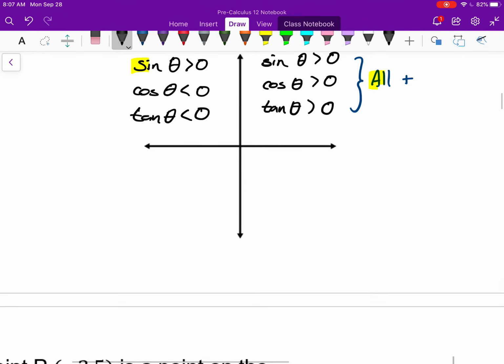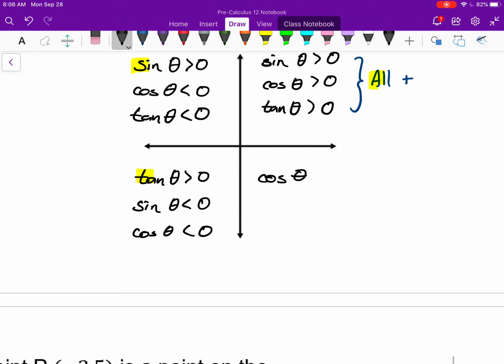In the third quadrant, only tangent is positive. And in the fourth quadrant, yes, you guessed it, only cosine is positive. And so notice how I've been highlighting things.